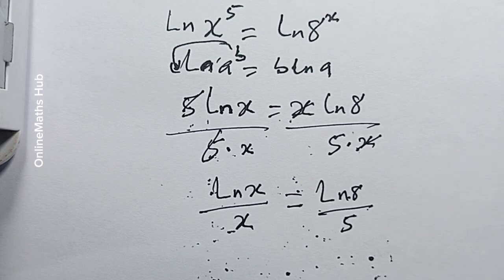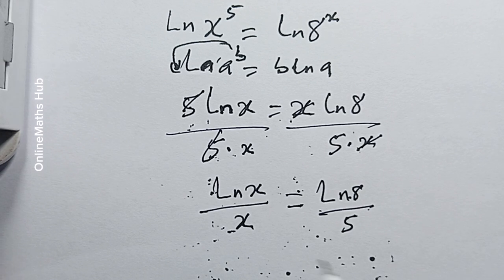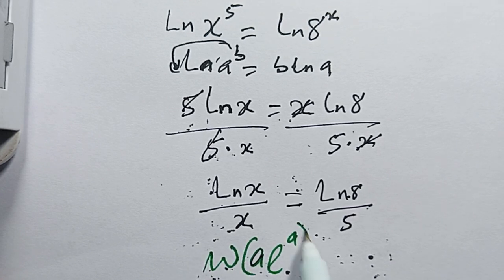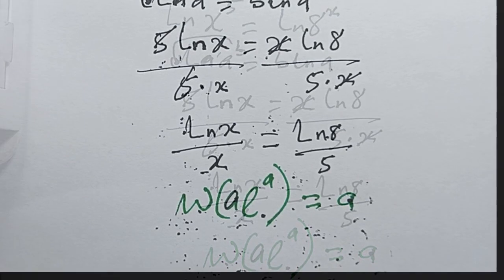And then of course we can keep simplifying, and we're going to be using the Lambert W function to evaluate this. To do that, we would want to set our function to be in the form of a e to the power a. Once our function is in this form, we can go ahead and pass the Lambert W function, and this whole function will change to a. Okay, so how do we do that?